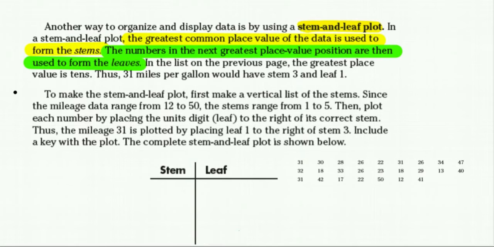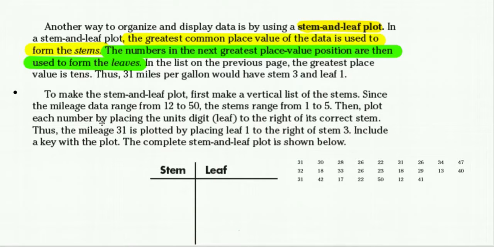To make a stem and leaf plot, first make a vertical list of the stems. Since the mileage data range from 12 to 50, the stems range from 1 to 5, because the tens place for 12 is 1, and the tens place for 50 is 5. So the stems range from 1 to 5.